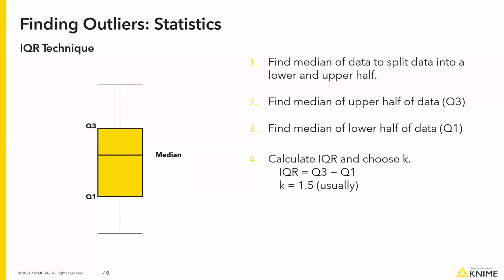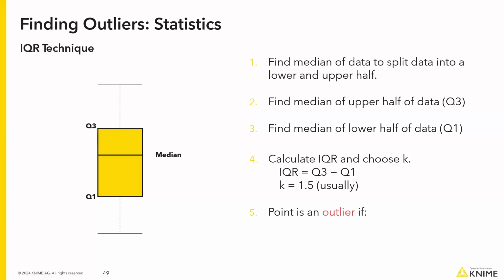Then you need to calculate the interquartile range and choose the parameter k. The interquartile range is the difference between your third quartile and first quartile, and parameter k you just need to choose yourself. You might run this several times to find the optimal parameter. The default parameter, for example, in KNIME Analytics Platform is 1.5. And then what will be your outlier?